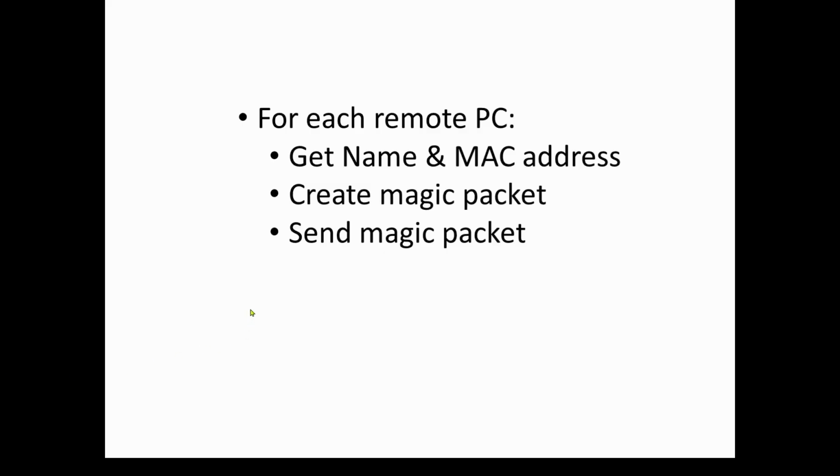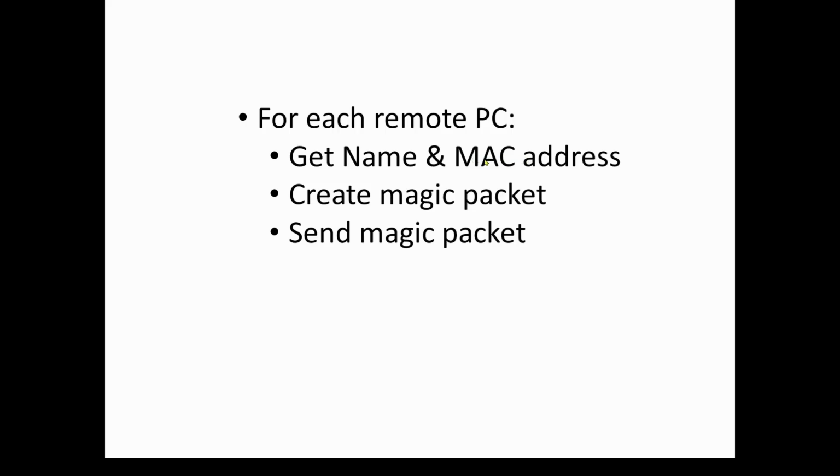So now before we start developing our code, let's do what a smart engineer would do, and that is think about the basic structure and the design so that we can go in with a little bit of knowledge to make sure that we don't go down some rabbit holes. So what we're going to have to do, we said we're going to have a magic packet sent to each remote computer that we want to wake up.